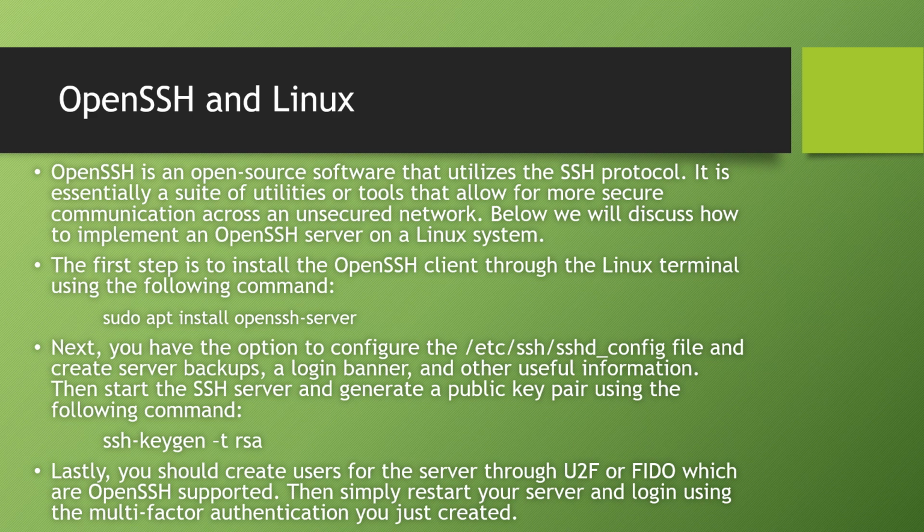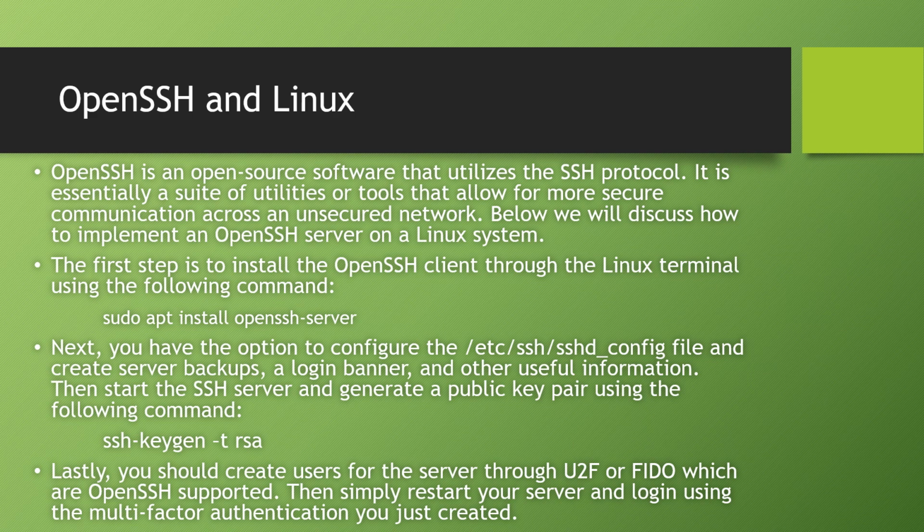And once that's finished downloading, you are provided the option to configure the configuration file, which is found under /etc/ssh/sshd_config. There you are basically able to do a variety of things, such as create server backups, create a login banner that provides issue information to its users, along with other useful information.